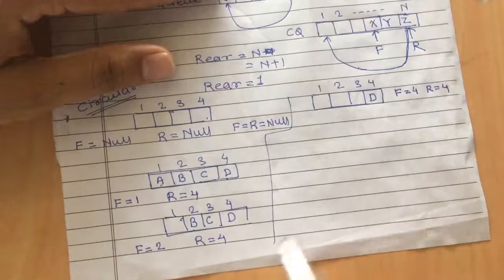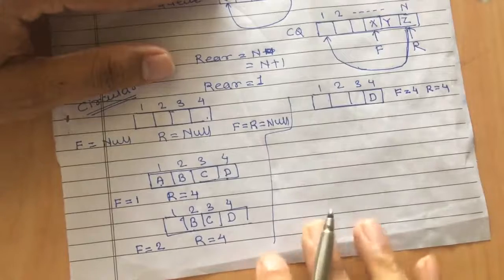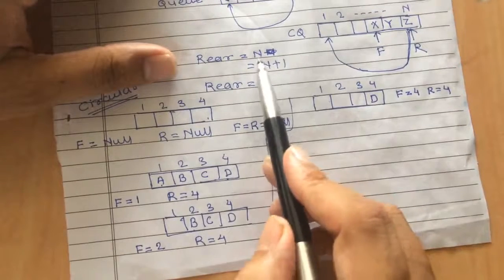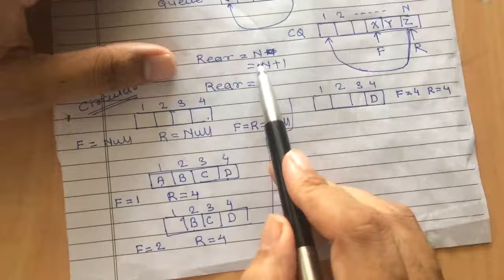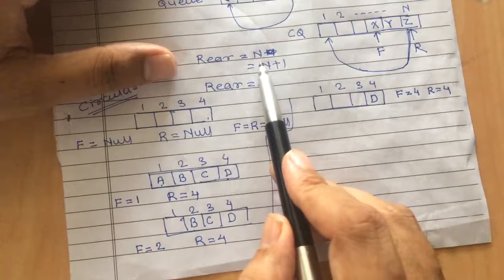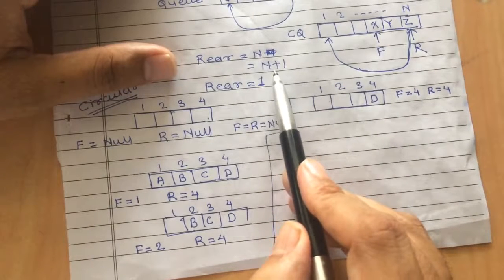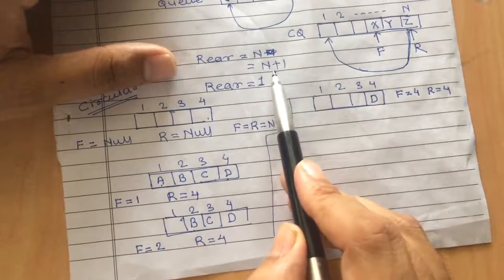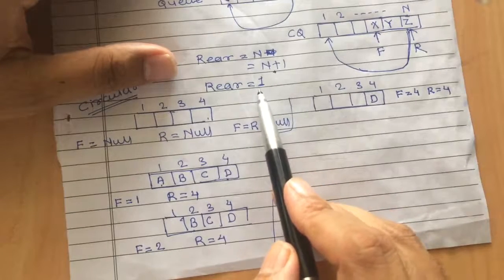Now suppose I want to insert one element in this circular queue. As I said, in a circular queue, when rear points to the last location, instead of increasing the last location by 1, we simply reset the rear to 1.